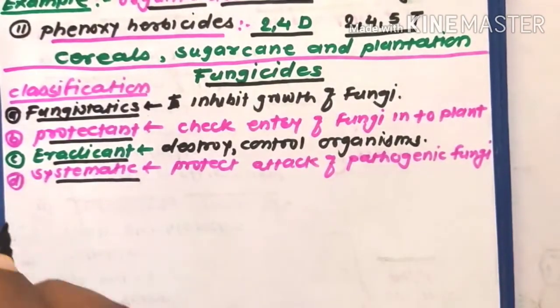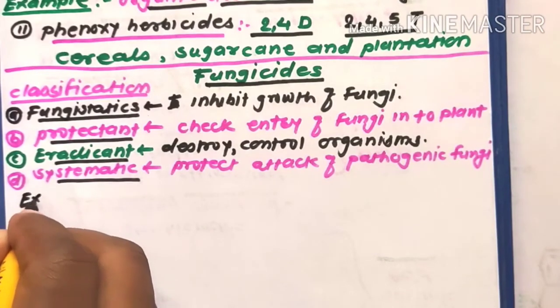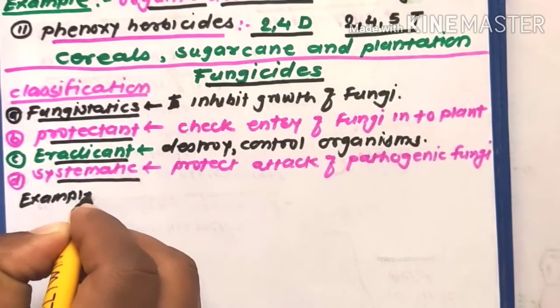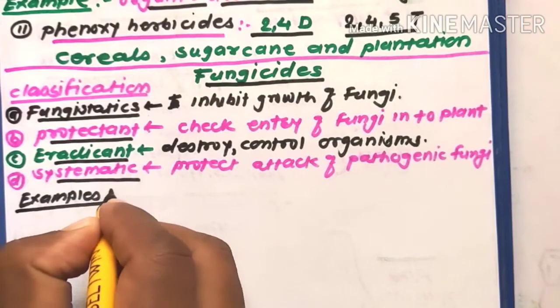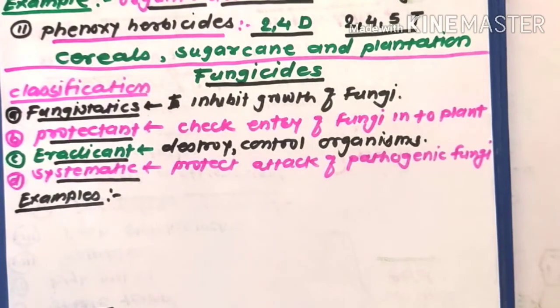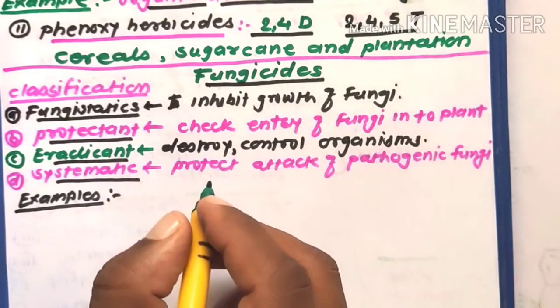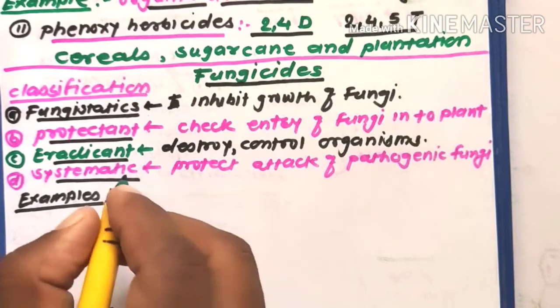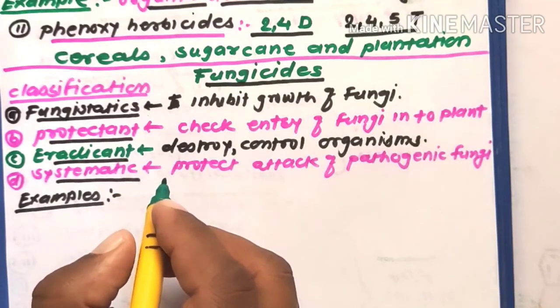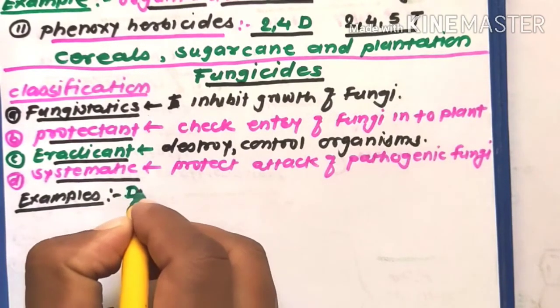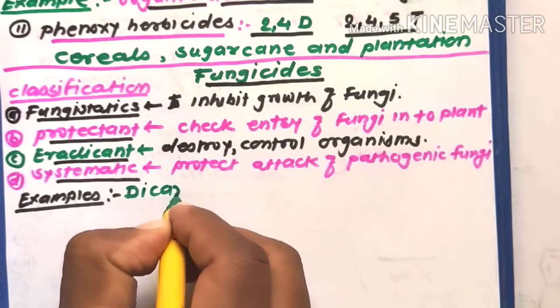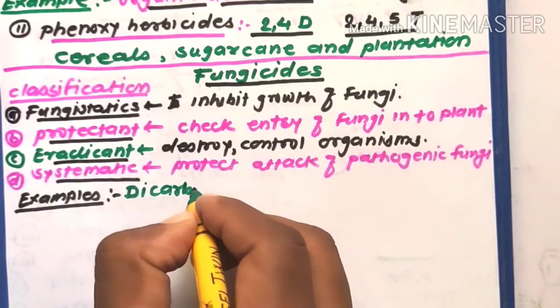Then examples of fungicides which can be used to control fungus. The first example is dicarboximides.